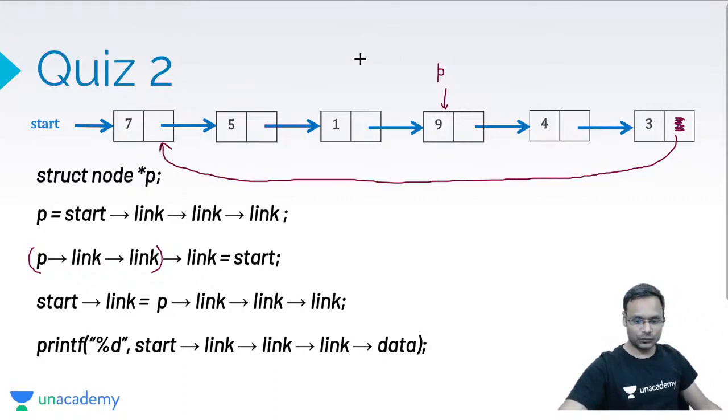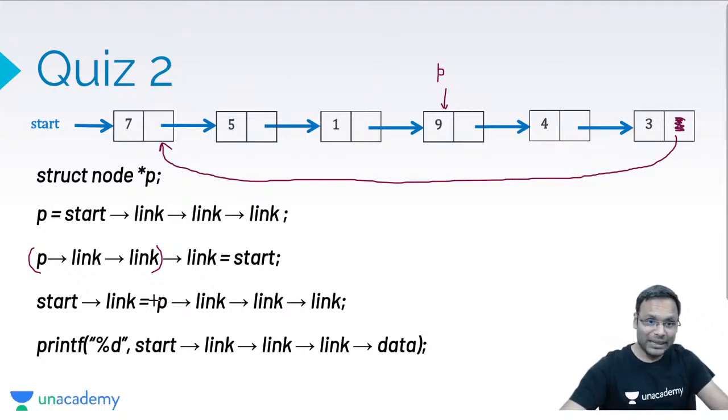By the start. Now P link link link. From the right side value 3 times link. P link link, and this link means address of the first node. Address of the first node I'll have to copy somewhere.